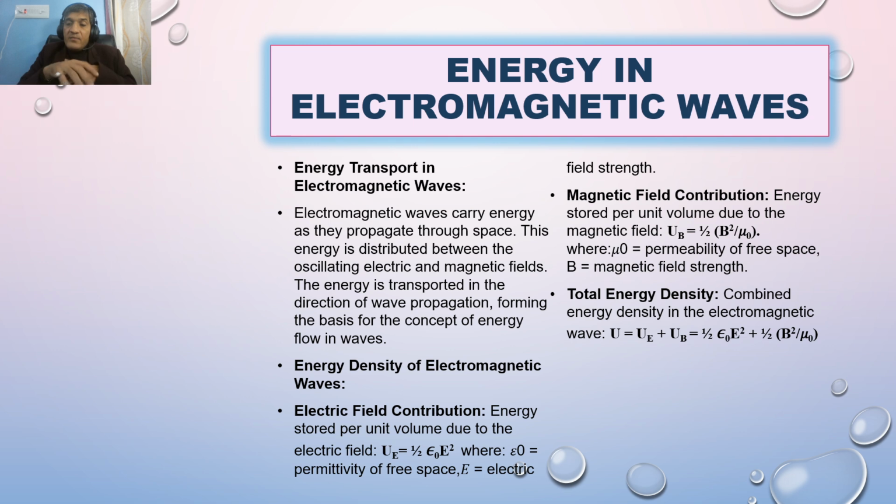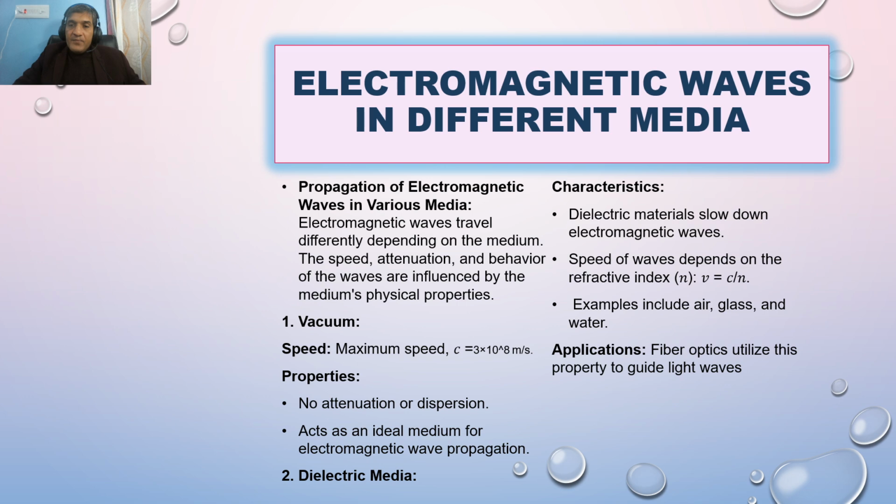This is how energy is transferred by the electromagnetic wave, and it is a very special property by which it is counted as a very important wave for telecommunication, for current and next generation electronic capacity, or other electronic applications. This is how the electromagnetic wave has energy density in its nature.